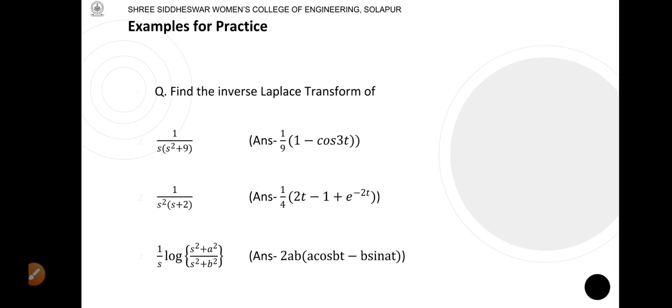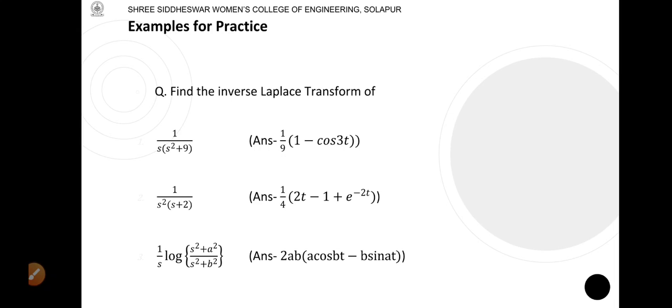One more example, 1 upon s log of s square plus a square upon s square plus b square. It is very clear that f bar of s is log of s square plus a square upon s square plus b square. Now to find its inverse LT, you have to use the differentiation of f bar of s method, because log, tan inverse, cot inverse, such kinds of functions can be solved using the differentiation of f bar of s method only.